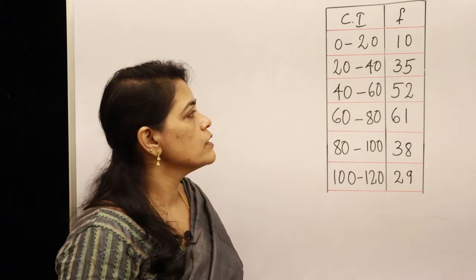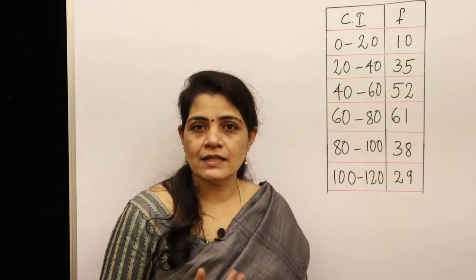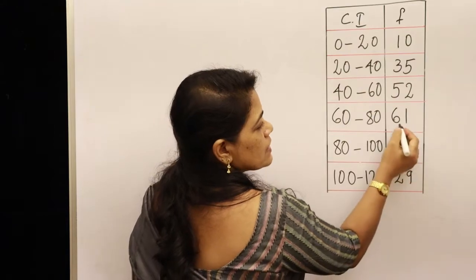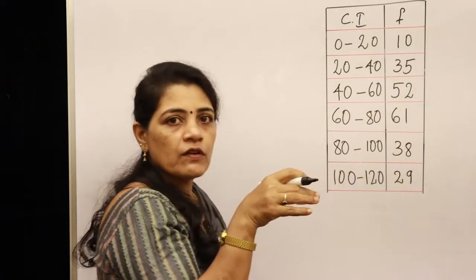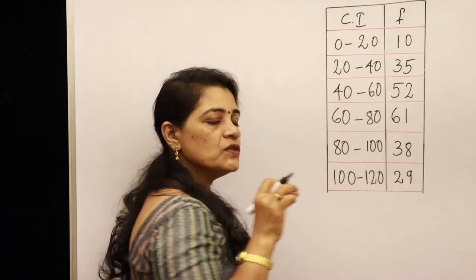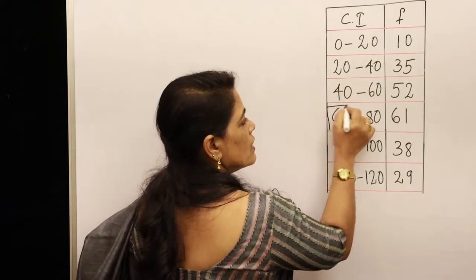See the frequency column and select the maximum frequency and its corresponding class interval as the modal class. Here 61 is the maximum frequency and the class corresponding to 61 is 60 to 80, the modal class.